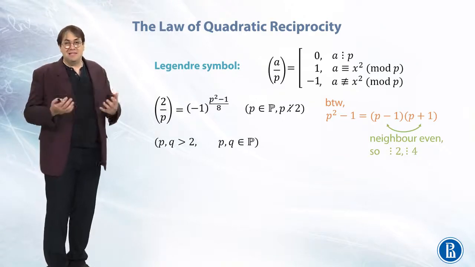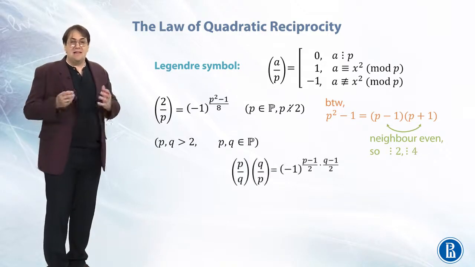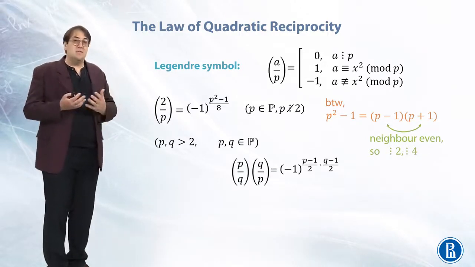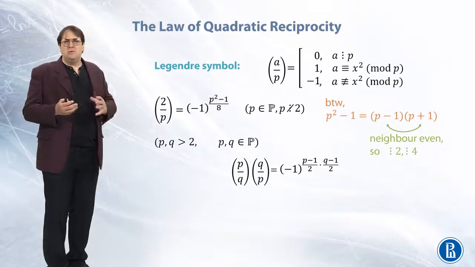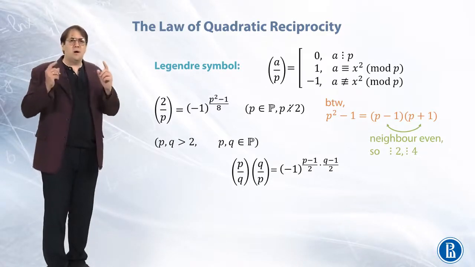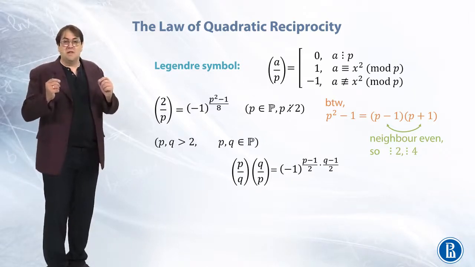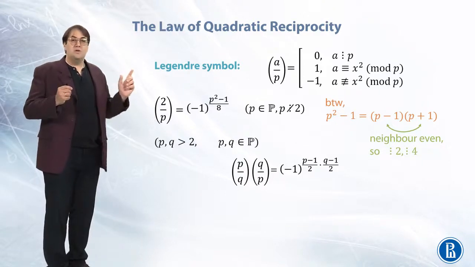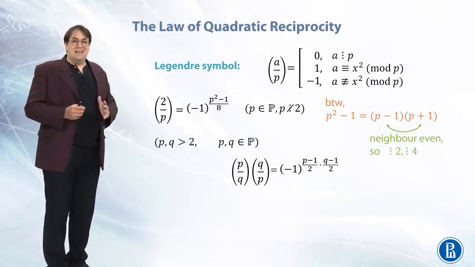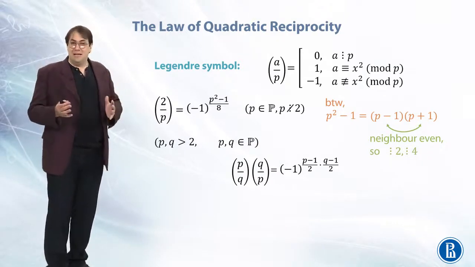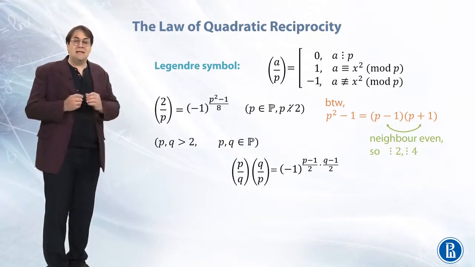Well, this is indeed the law of quadratic reciprocity, and it states that the product of these symbols, p modulo q and q modulo p, is equal to minus 1 to the power, and this power is the product of two fractions. The first fraction, (p minus 1) over 2, and the second fraction, (q minus 1) over 2. It really looks complicated, but be patient. Actually, you'll get used to it, as I already said.